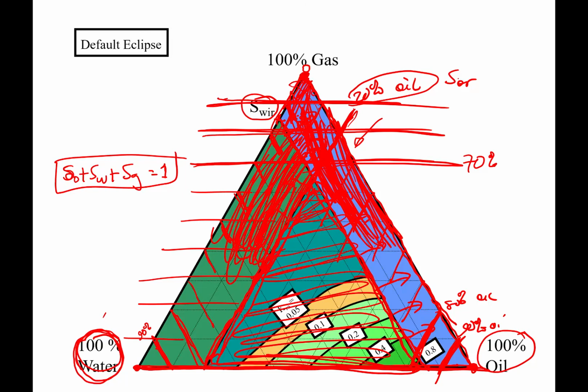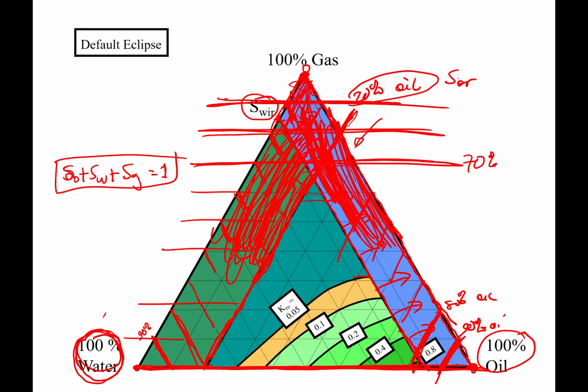So what do we show here? The relative permeability. So we are showing lines of relative permeability in here.